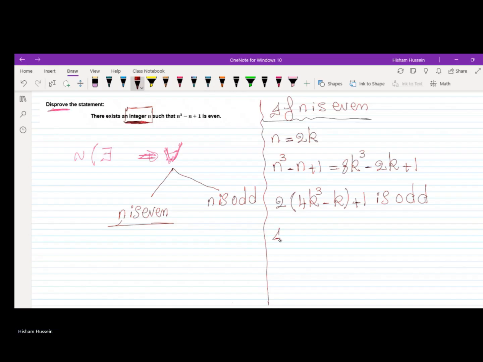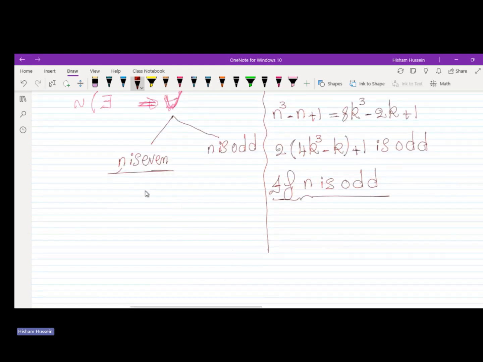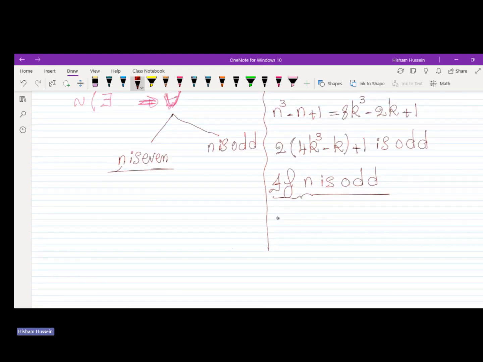If n is odd, you do the same, but with n equals 2k plus 1. Substitute into n cubed minus n plus 1. This will be (2k plus 1) cubed minus (2k plus 1) plus 1.